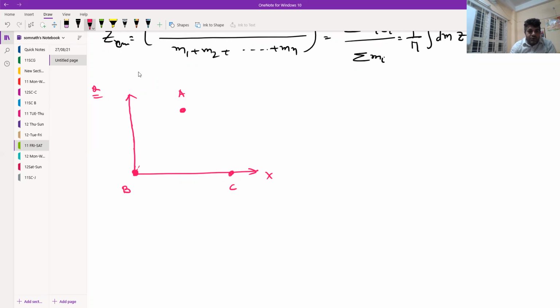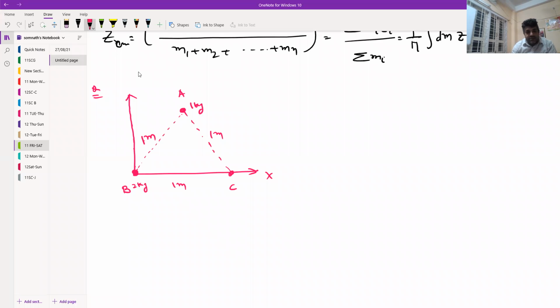So distance between A and B is 1 meter. Distance between B and C is 1 meter. Distance between A and C is 1 meter. Okay. So here the mass is 1 kg. Here the mass is 2 kg.